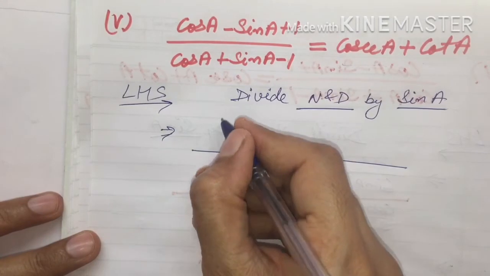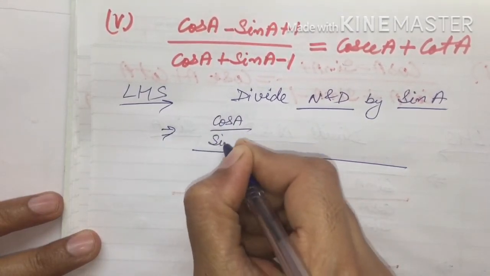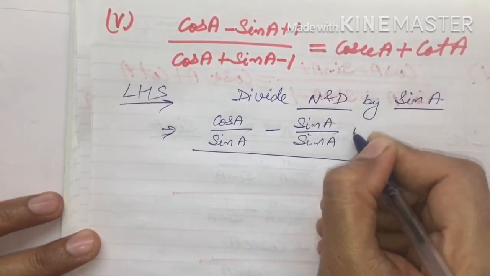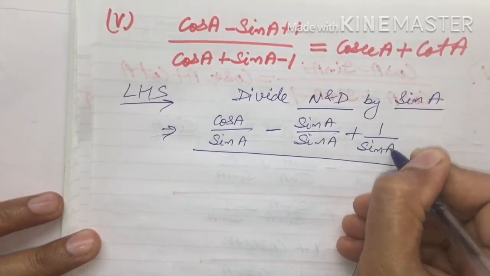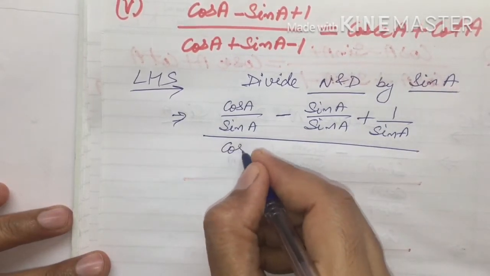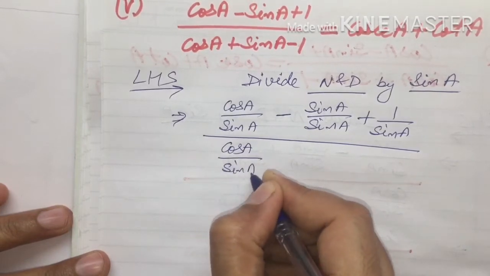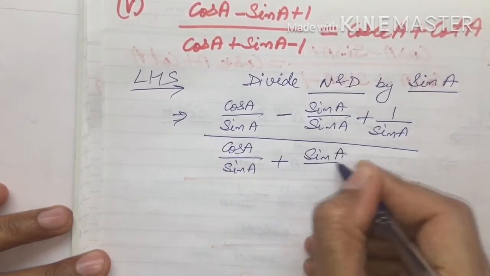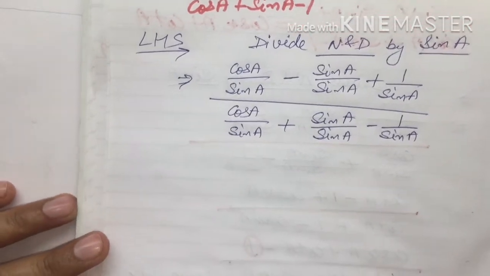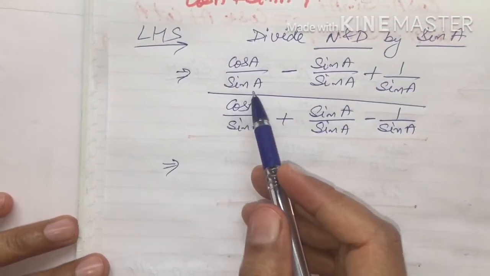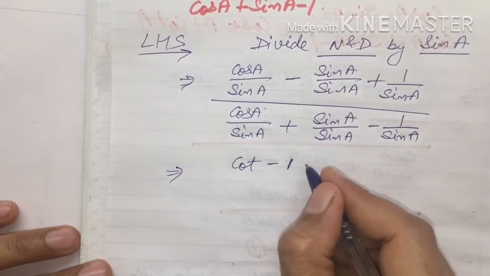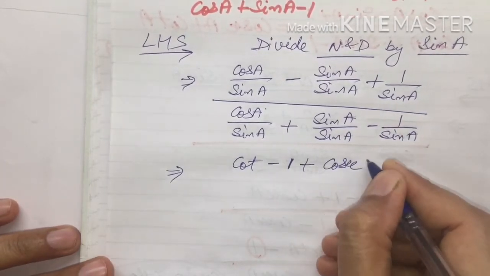This is the line. In the numerator part, cos A upon sin A minus sin A upon sin A plus 1 upon sin A. We divide the numerator by sin A. Now the denominator: cos A upon sin A plus sin A upon sin A minus 1 upon sin A. So after this we will change cos upon sine into cot, minus sine upon sine is 1, plus 1 upon sine is cosecant.